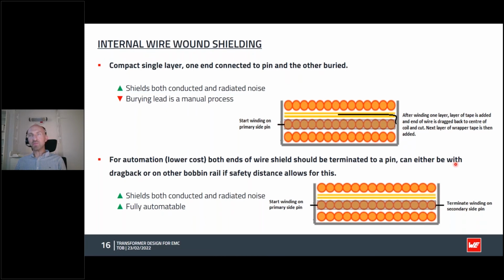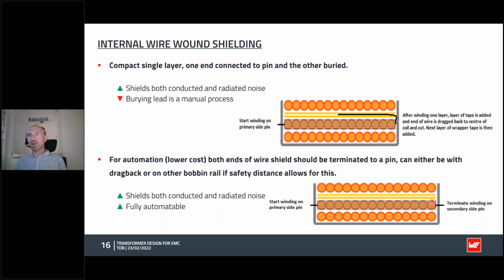But if it's possible, an even more efficient way, and this can be fully automatable, and a typical production process, is by connecting the start pin to somewhere quiet on the primary, and then using just a spare pin somewhere, either on the secondary, or we can even drag back the wire to the primary as well and still be automated.